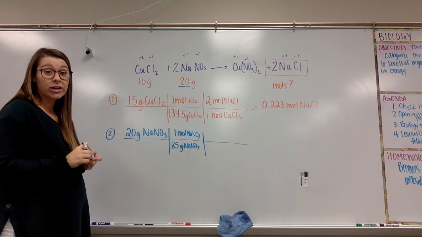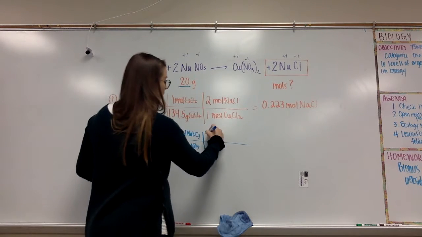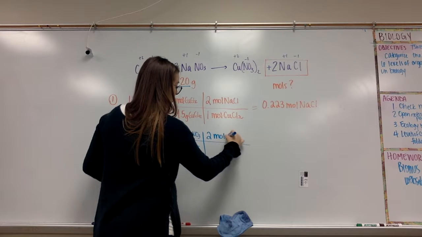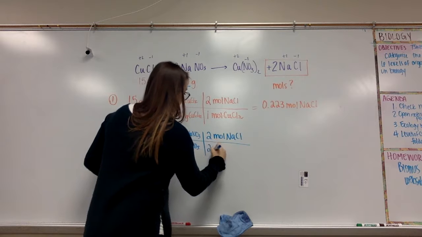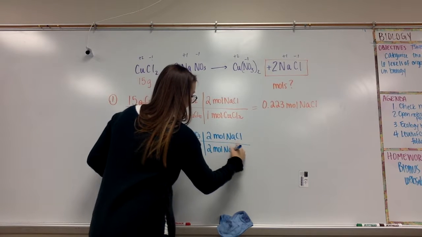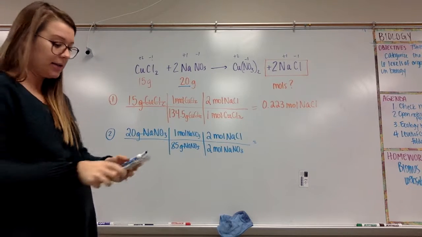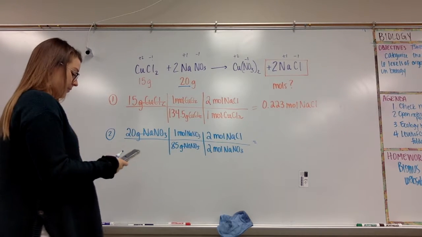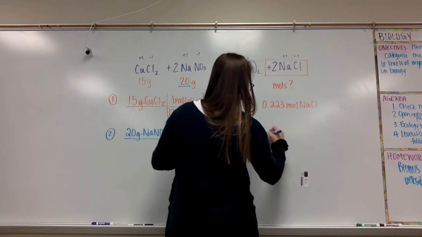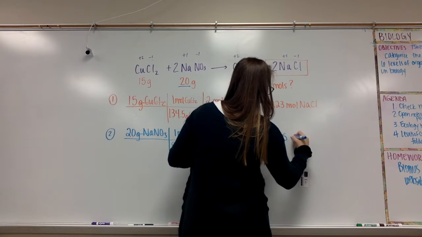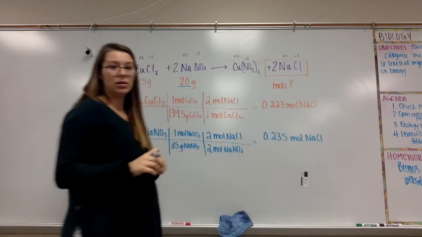And then my mole ratio is my second step here. So I'm going to sodium chloride. So 2 moles sodium chloride on top, 2 moles sodium nitrate on bottom. And final answer is 0.235 moles of sodium chloride.